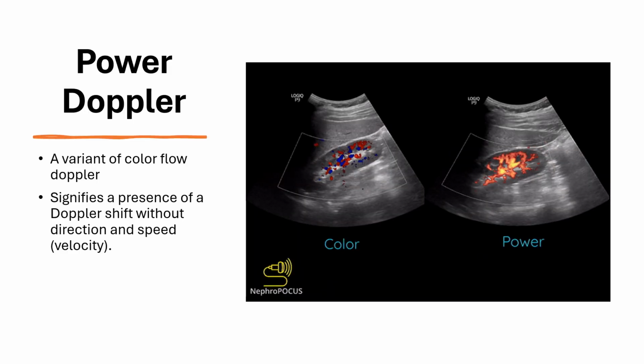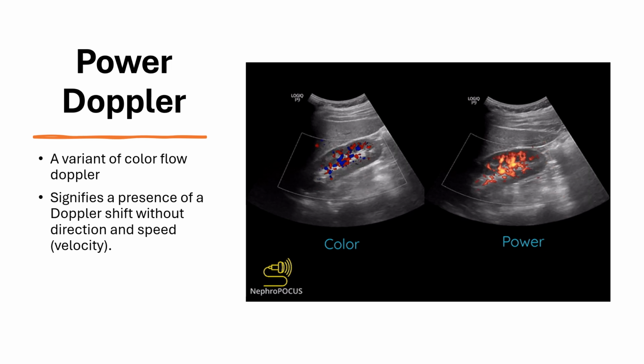So let's talk about power Doppler, which is a variant of color flow Doppler, or pulse wave Doppler. Power Doppler signifies the presence of a Doppler shift. However, it doesn't tell you the direction or the speed of the Doppler shift. What are some of the advantages of power Doppler? It has higher sensitivity to low flow states.